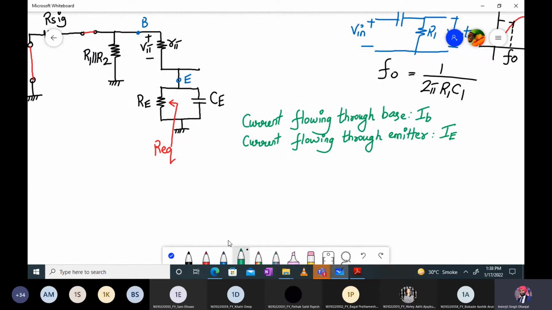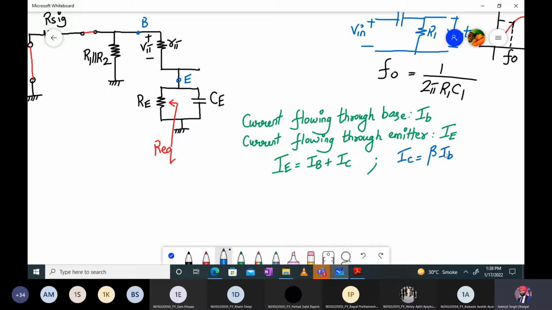Help me out in writing the equation. The emitter current should be equal to the base current plus the collector current, right? Now, what is the formula for the relation between IC and IB? IC is beta times IB.